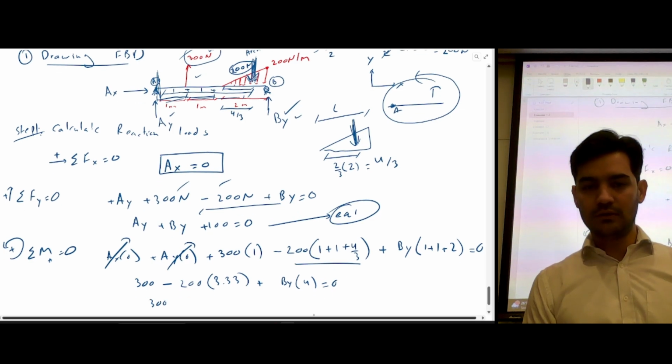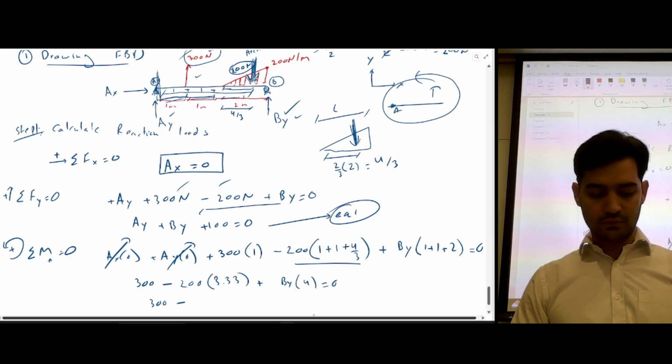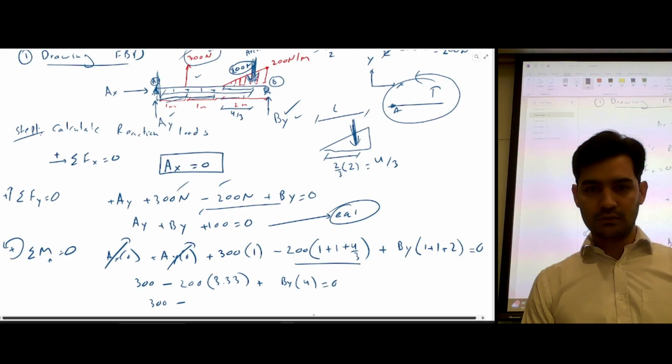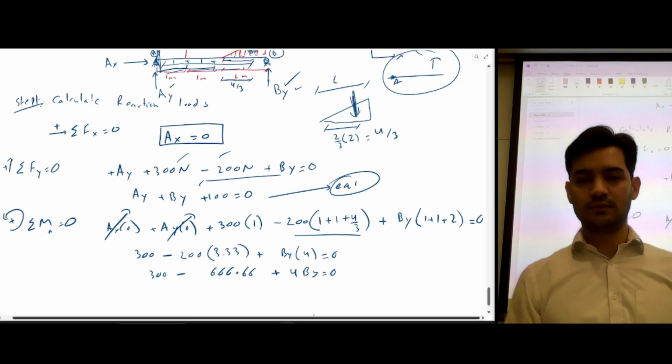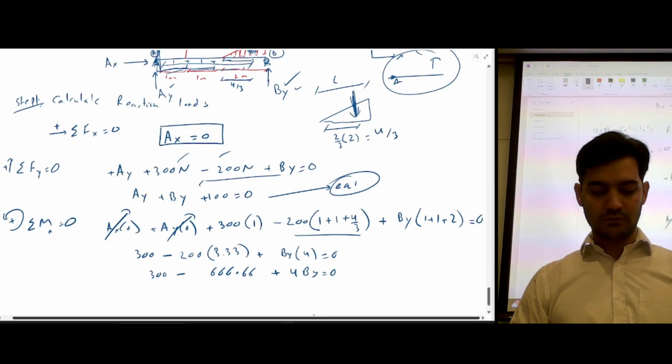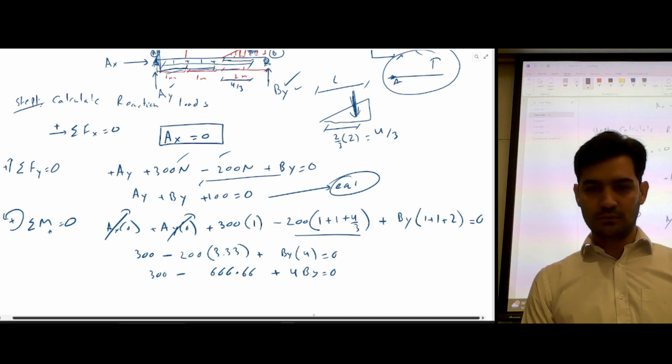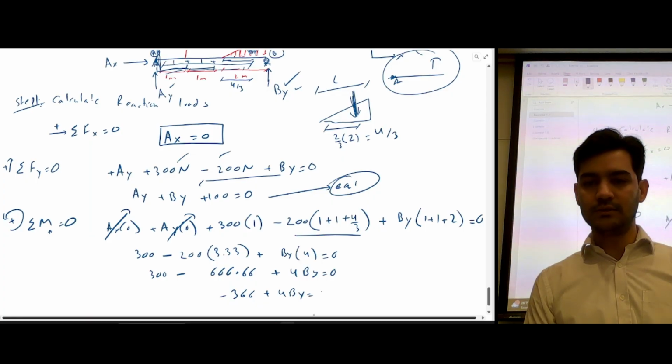Then it's 300 minus 200 into 3.33, which is 666.66, plus 4By is equal to 0. 300 minus 666.6 is negative 366, plus 4By is equal to 0.